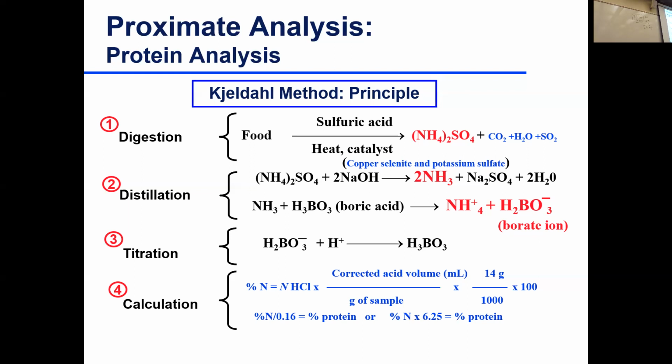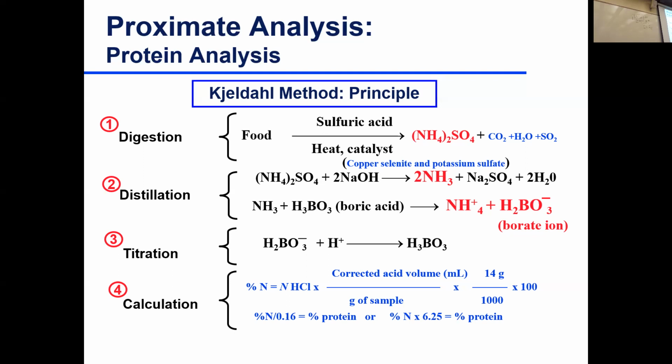All right, so now we titrate. The last step is titration. We titrate with HCl. So now I'm titrating. We have 1 mole here to 1 mole here to 1 mole here. 1 mole of ammonia, 1 mole of borate, and 1 mole of HCl in this reaction. Okay, 1 to 1 to 1.